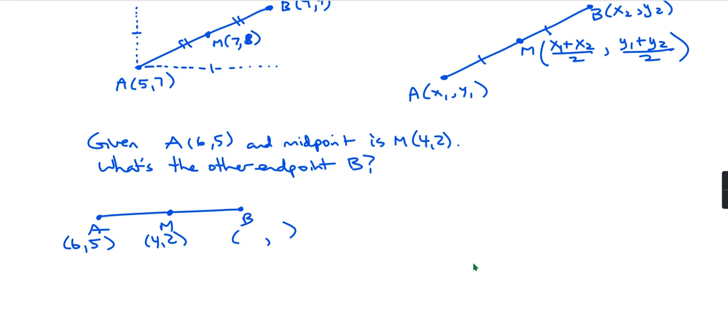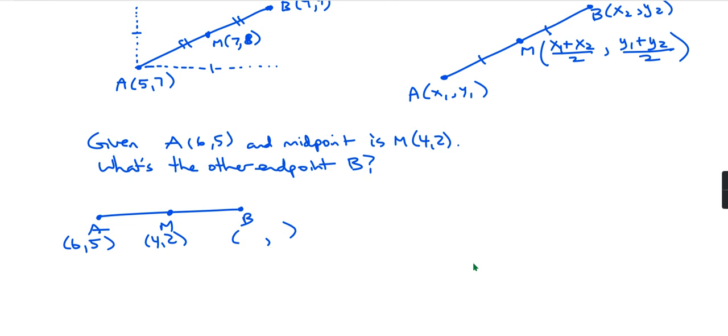Okay, so you can pause the video here for a second if you want to think about it. Remember that the midpoint is going to be halfway between the A and the B. Okay, so for the B, I know that to get from A to M, I have to go down 2 units in the x's, from 6 to 4.